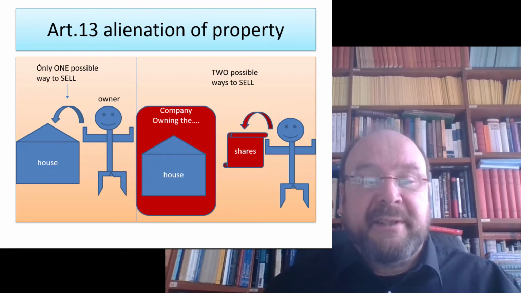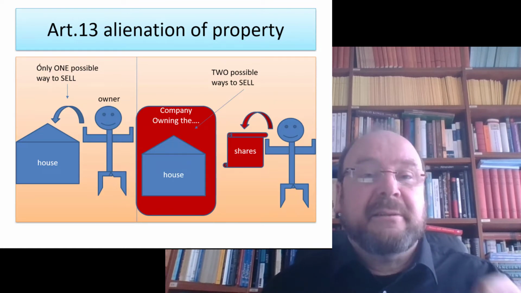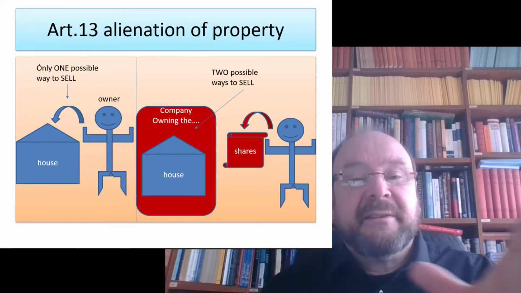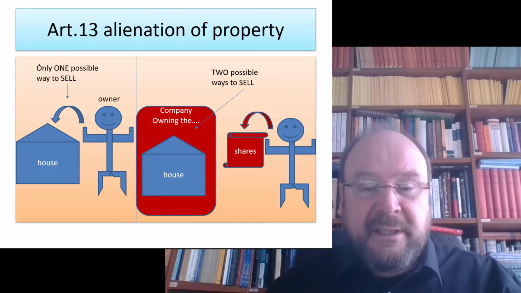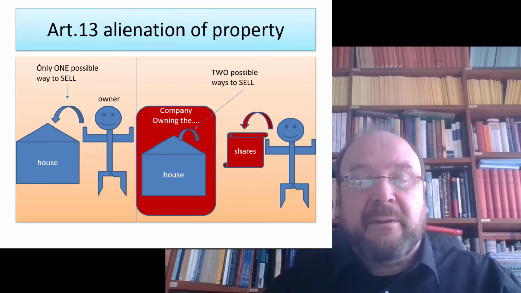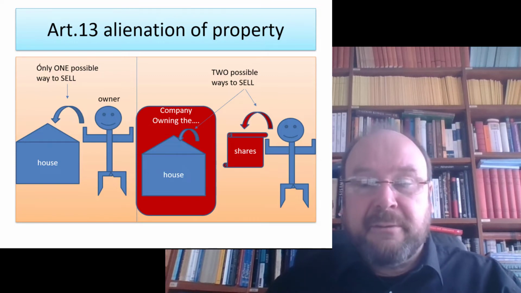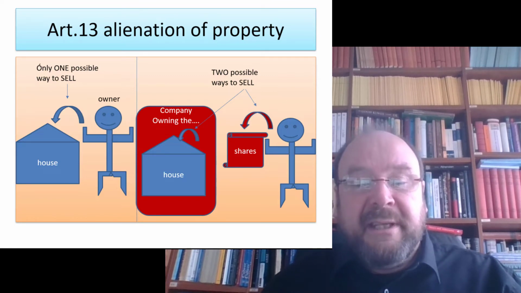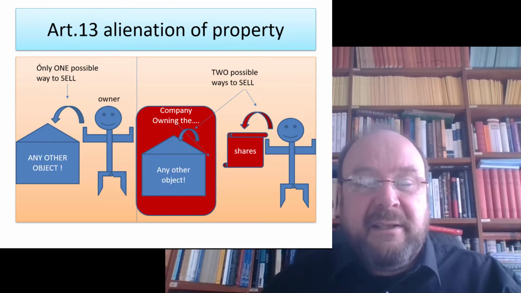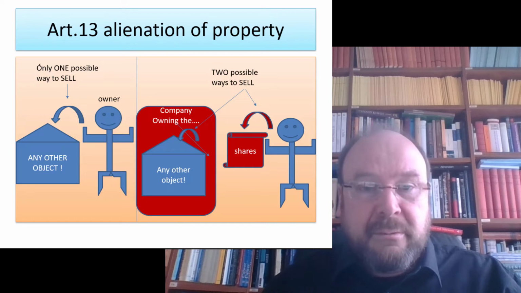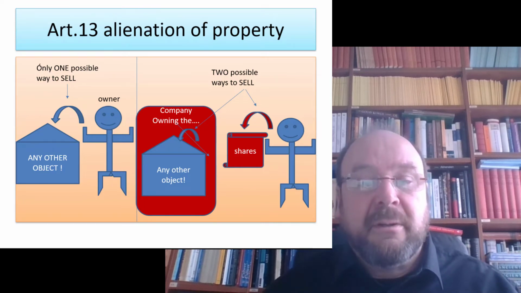You can cause the company to sell the house, make the gain, and later distribute the dividends to you at home. Or you can alternatively sell the shares and then become taxable at home. That works not only with the house, but with any other object too. You can always realize that substitution model.